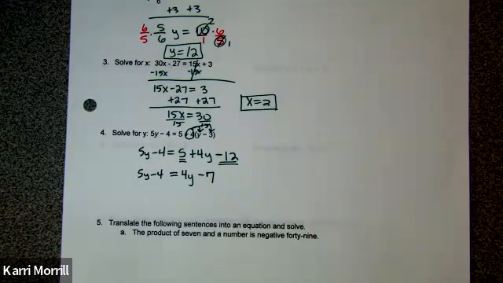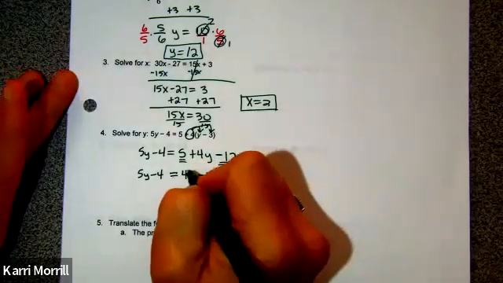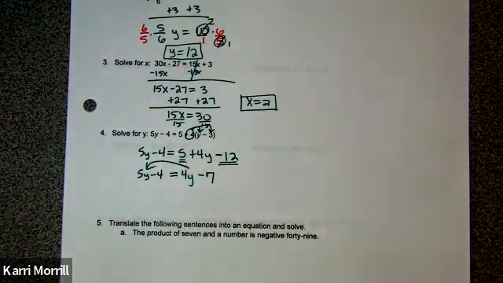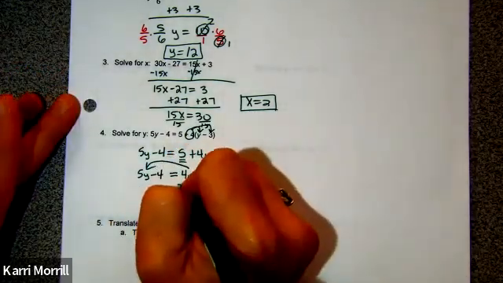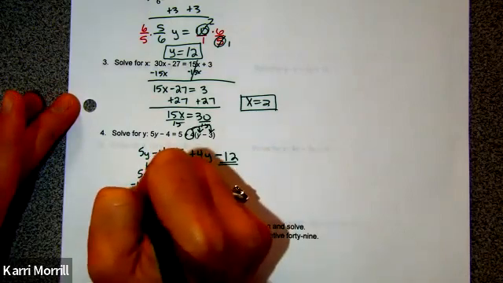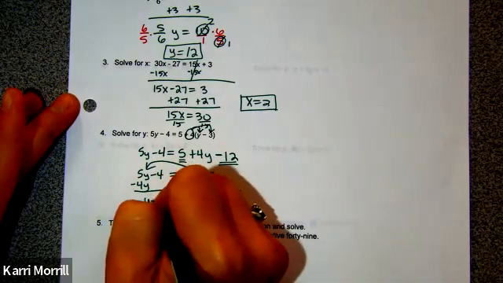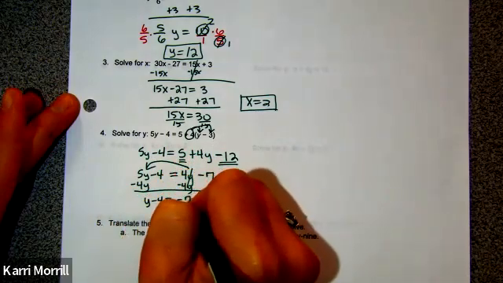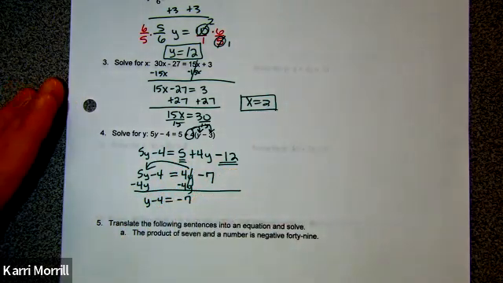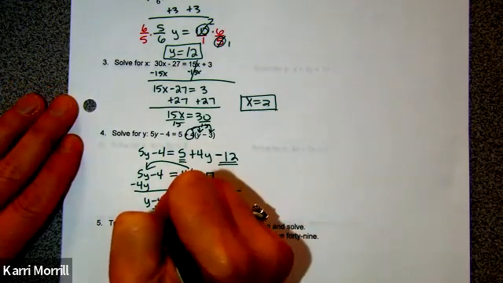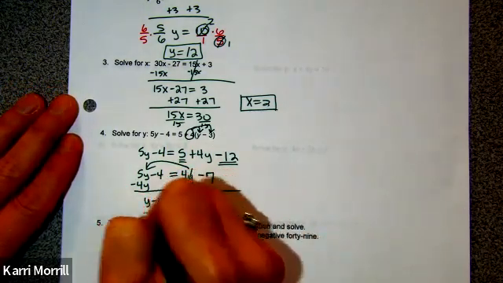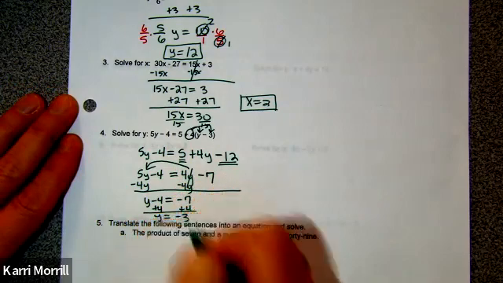So you could go any direction. Probably you'd want to move this 4y over here anyways, right? So you can keep it positive. Let's subtract 4y. So 1y minus 4 equals negative 7. Then we add 4. So y equals negative 3.